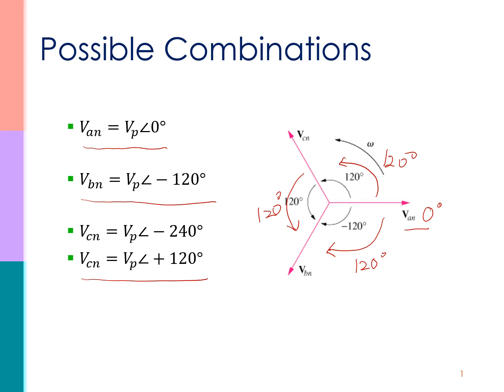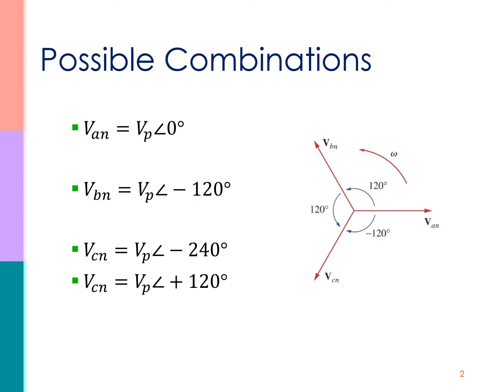The second combination is VAN with 0 degree reference, VBN located at V peak minus 120 degrees, and VCN equals V peak plus 120 degrees.